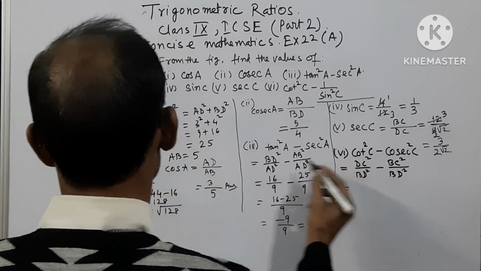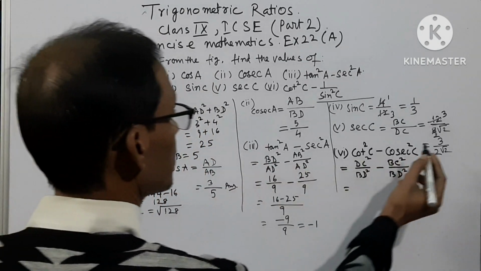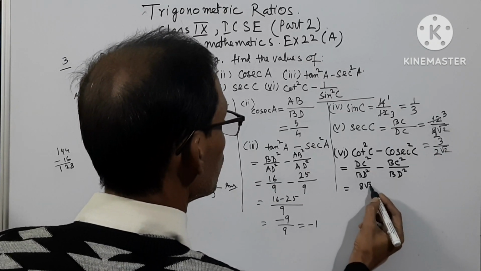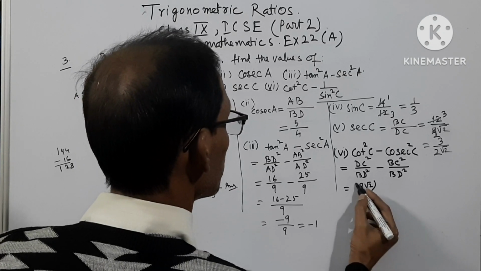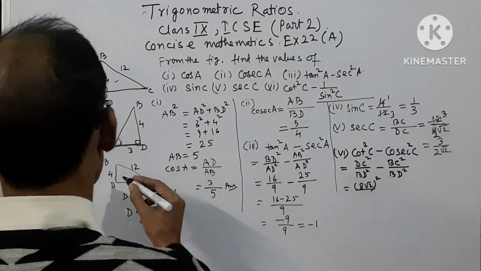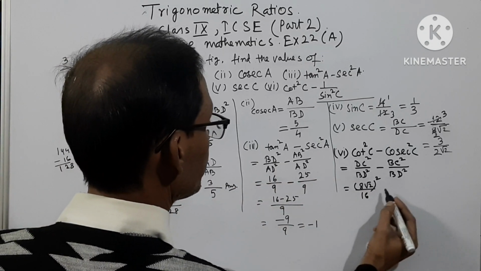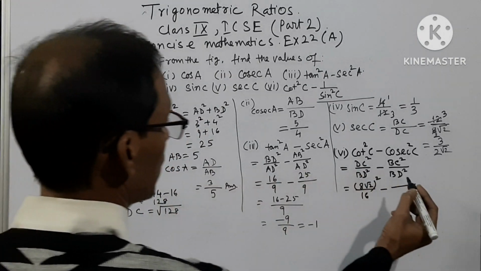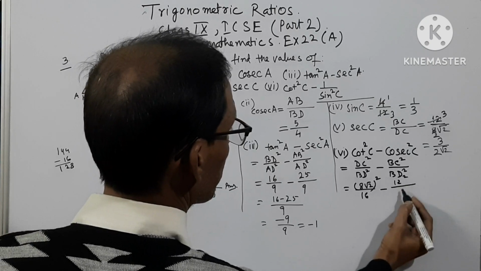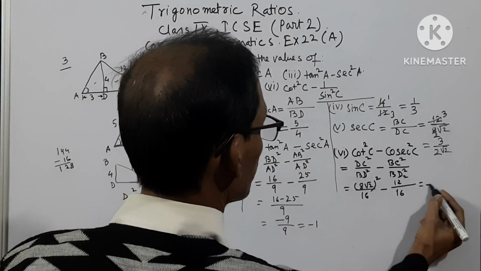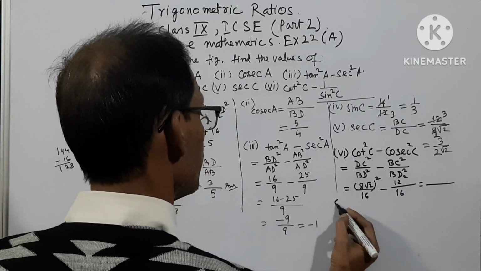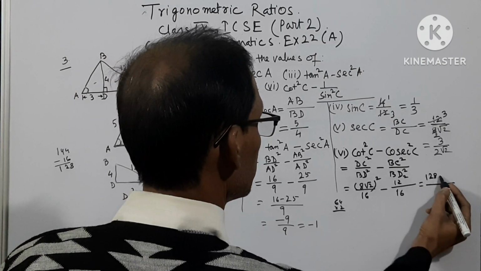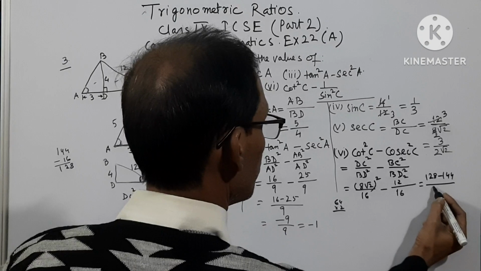So again you can see DC is, we'll write 8 root 2 whole square by BD 4 square 16 minus BC is 12 square by 16, which will give 8 is 64 into 2, 128 minus 144 by 16.